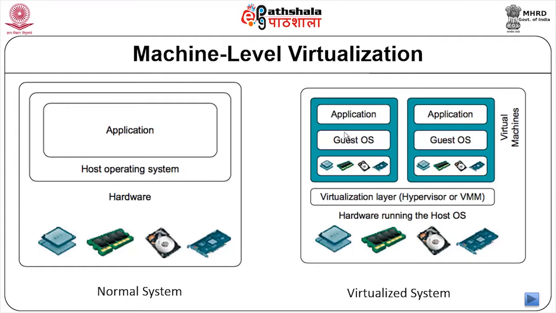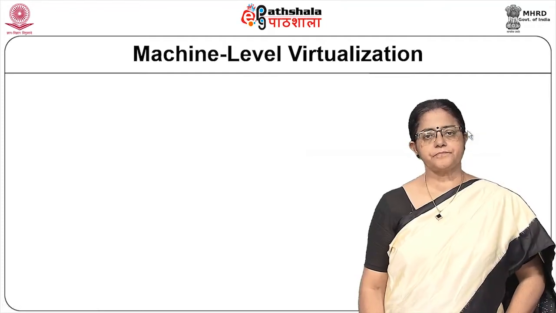Along with that, we have virtualized hardware components. So, this combination is called a virtual machine or VM. This is one VM and the other is the other VM. So, a number of such VMs can be brought in.